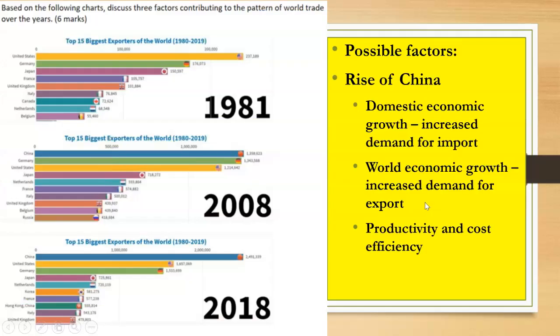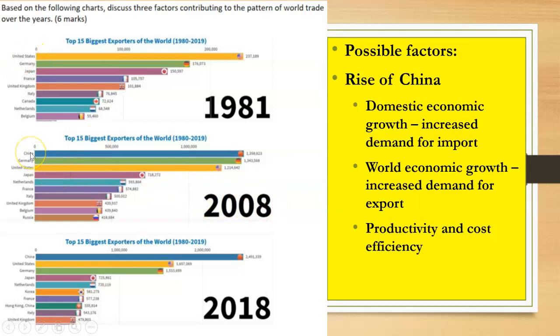Okay, now as usual, I will show you a sample question. This is a sample data interpretation question, where it says, based on the following chart, discuss 3 factors contributing to the pattern of world trade over the years. 6 marks. Now in this case, they give you a chart that shows from 1981 to 2018 how the world exporting countries have changed. In 1981 you will see the US being the leader.